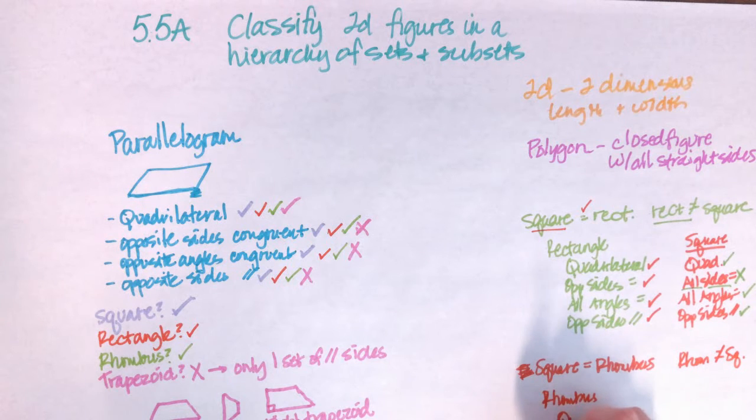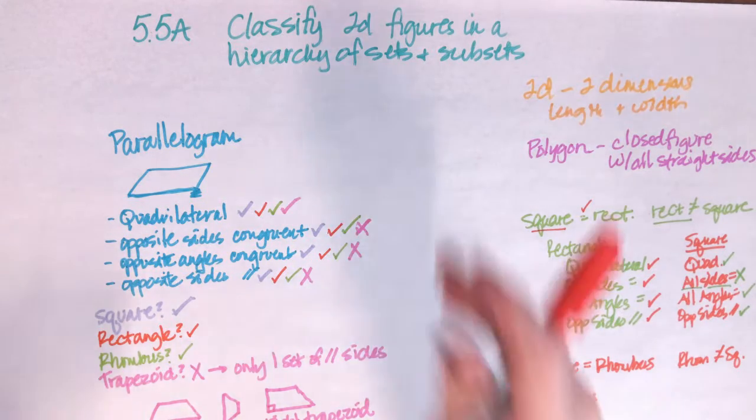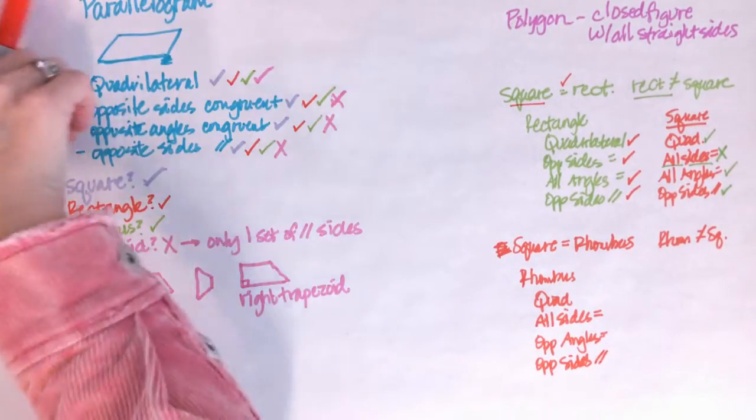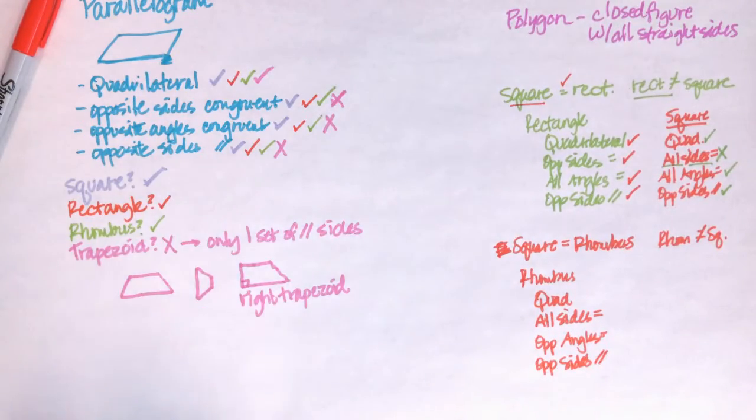It is a quadrilateral. All sides are equal or congruent. Opposite angles are congruent. Opposite sides parallel. Let's slide this down.